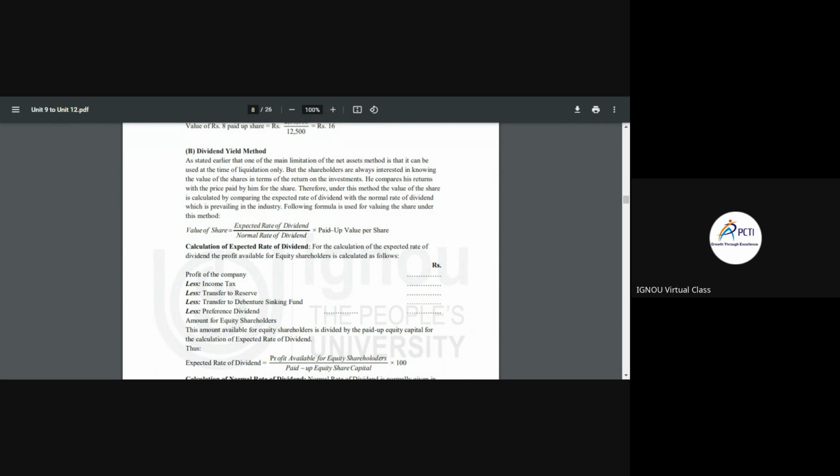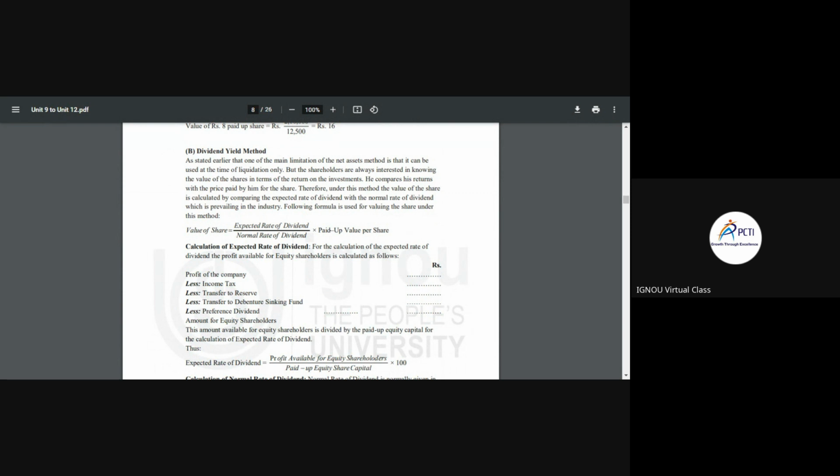First one is profit of the company. We need to take that, then we deduct income tax, then we deduct transfer to reserve, then we deduct transfer to debenture sinking fund, then we deduct preference dividend, then we have the amount available for equity shareholders. This amount is divided by the paid up equity capital for the calculation of expected rate of dividend.